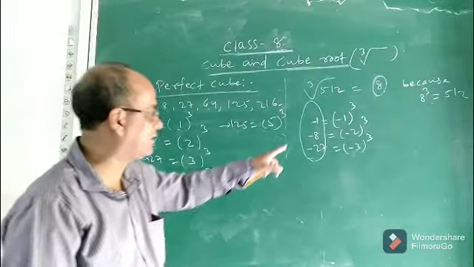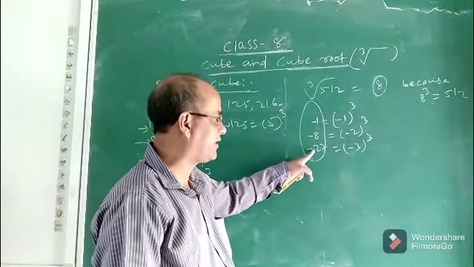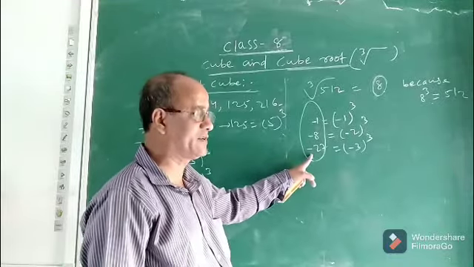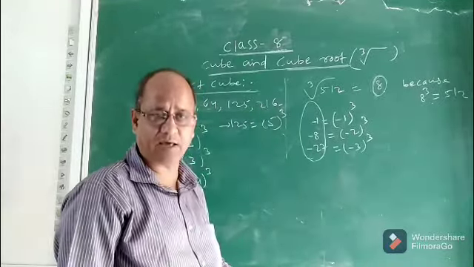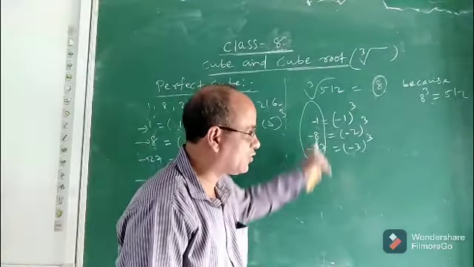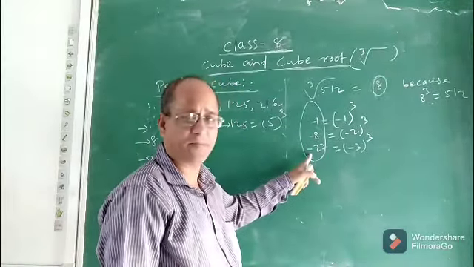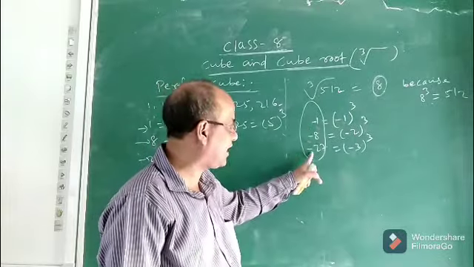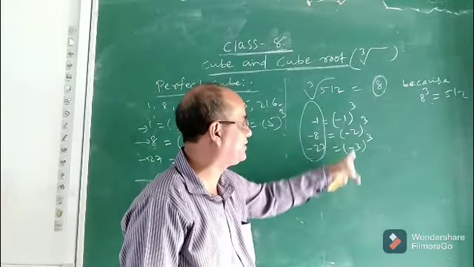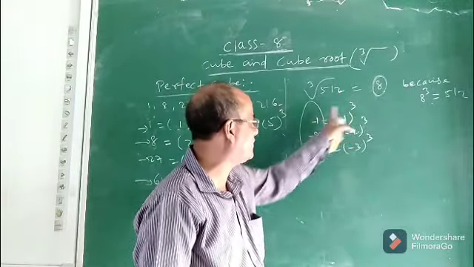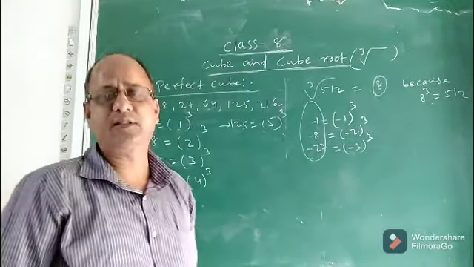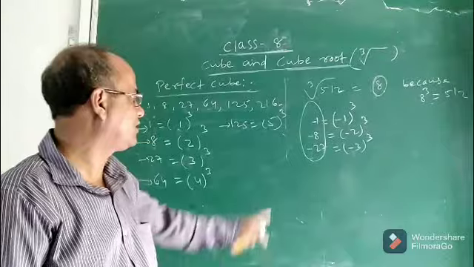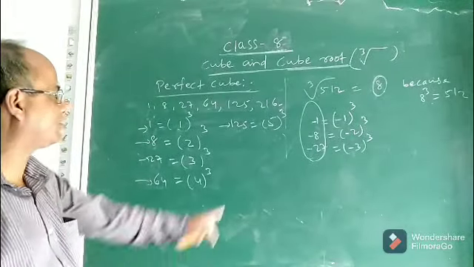And in a similar manner, minus 1, minus 8, minus 27, minus 64, minus 125, minus 216 are also perfect cubes. Why? Because they are the cubes of negative integers. So they are also perfect cubes.